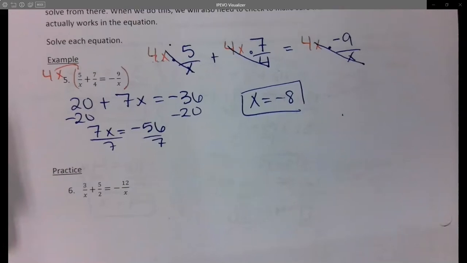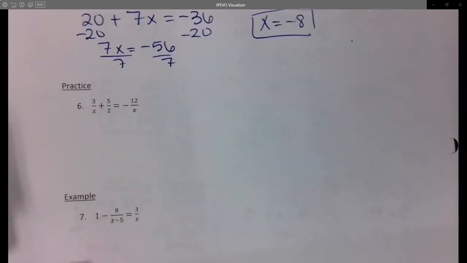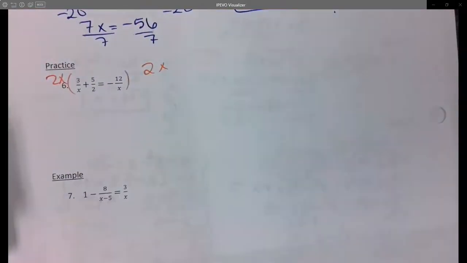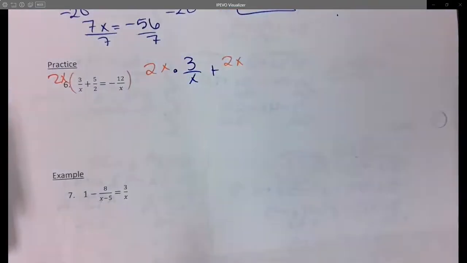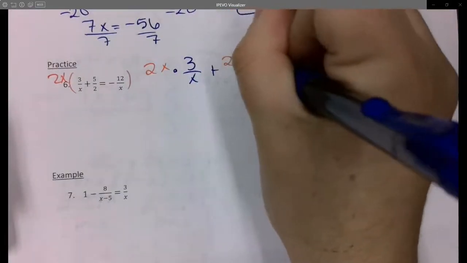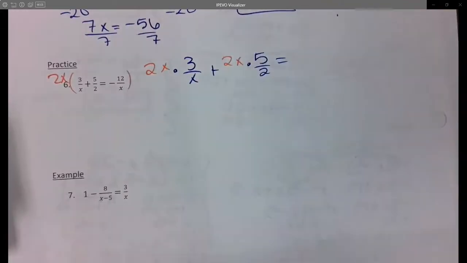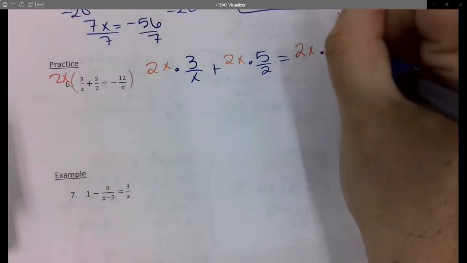Okay, so on number 6, what do I want to multiply by? 2x. So I'm going to rewrite everything. I'm going to have 2x times 3 over x plus 2x times 5 over 2 equals 2x times negative 12 over x.